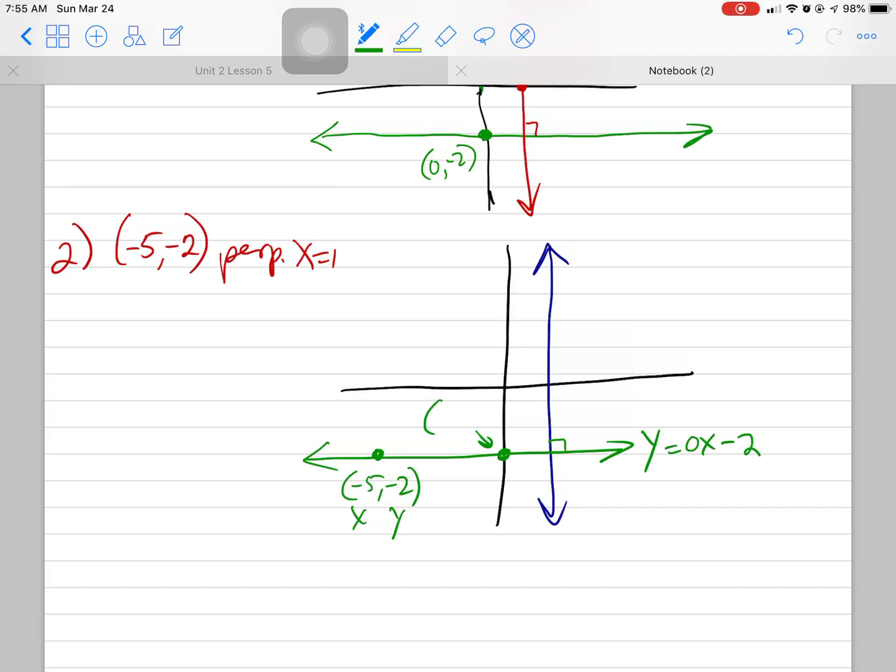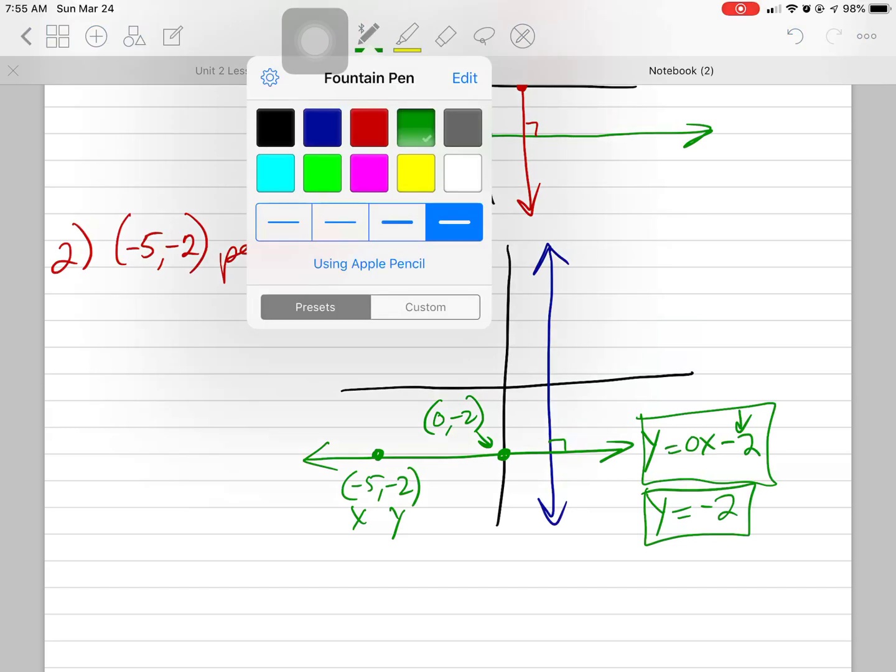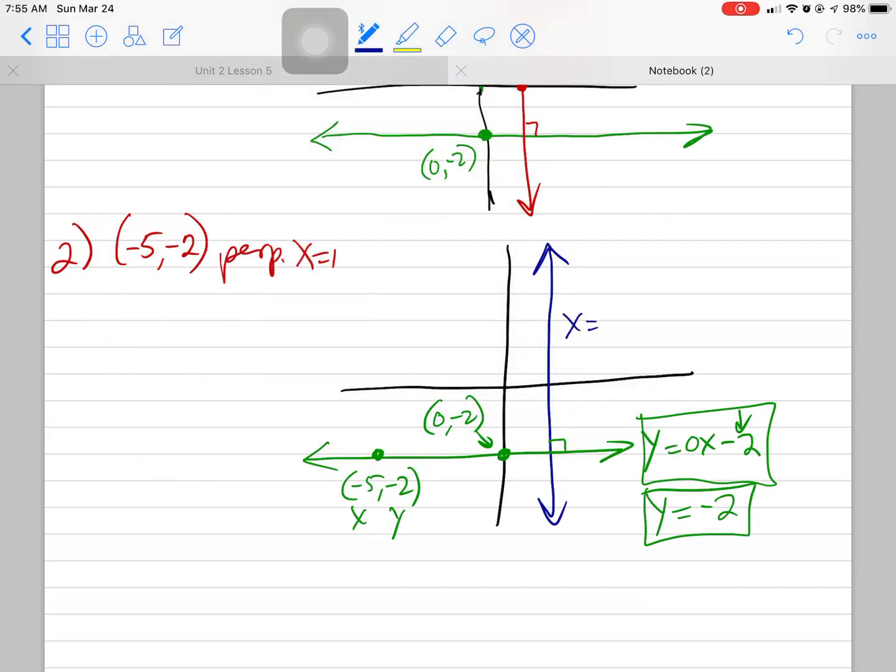So if I had to put 2 points on the line on the test, it would be 0, -2, because it's a b, right? That's the b. So on the test, I would accept this as your answer. You can also put it like that. That is the line that is perpendicular to this line up here. Okay.